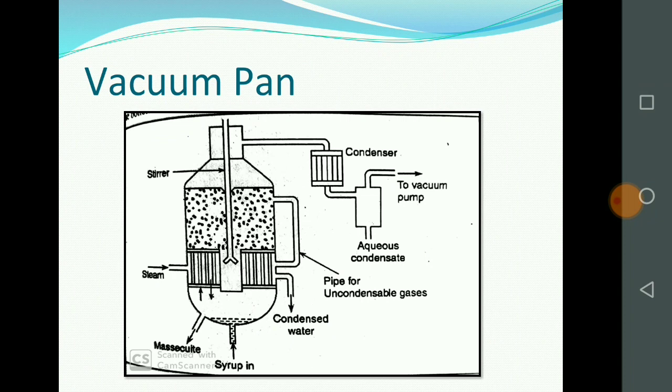Sucrose is forced out from the syrup and deposits on the seeds. So sucrose crystals grow in size. The crystal growth is allowed till the required grain size is attained. During the growth, false grains are likely to be formed, which may hamper the growth of normal crystals. So it has to be avoided.